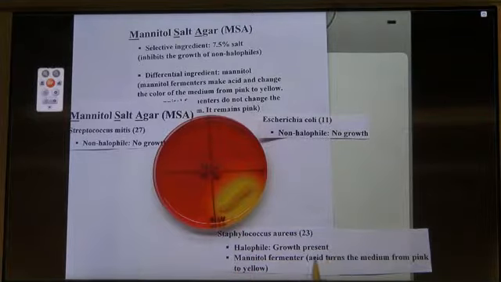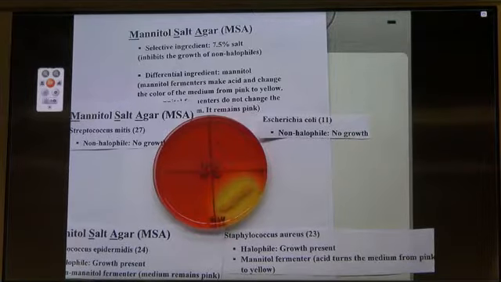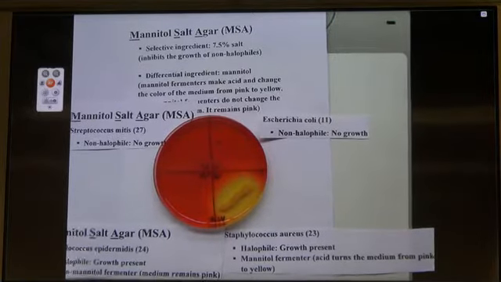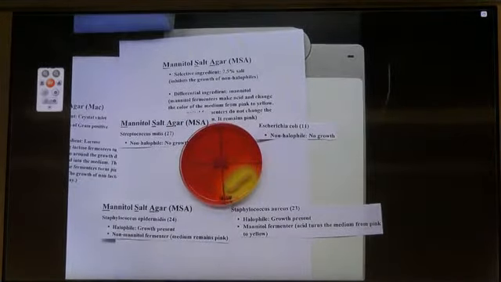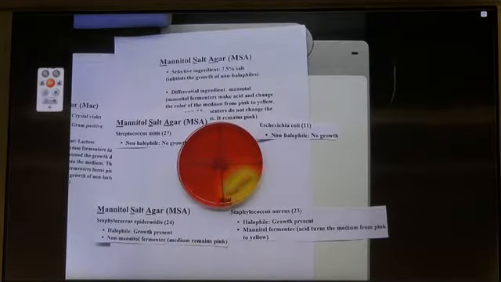Okay. The other bacterium, Staphylococcus epidermidis, this one right here. Number 24, Staphylococcus epidermidis, growing, but is it making acid? Nope, no change.